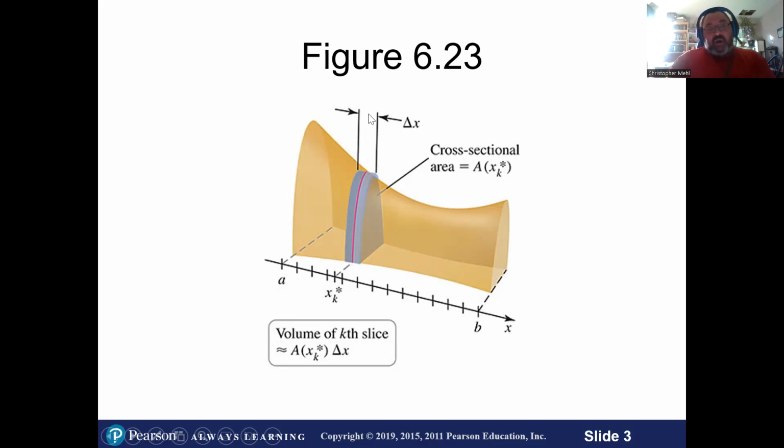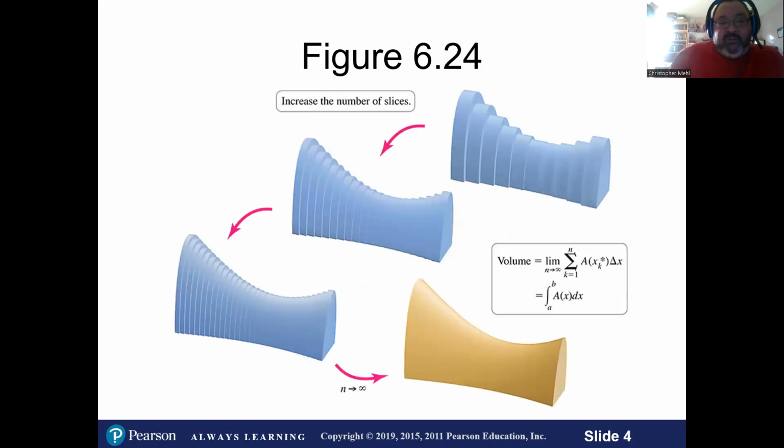And so the volume of this blue slice here would be A of xk star times delta x. Now we've done that for all n pieces of the interval AB, and so we can approximate the volume by adding up these little volume slices.